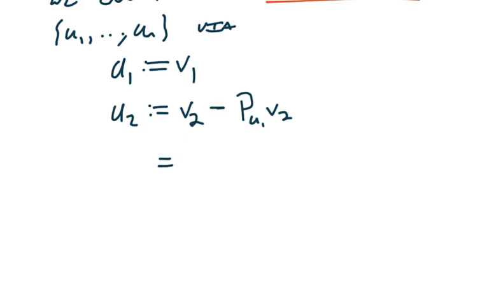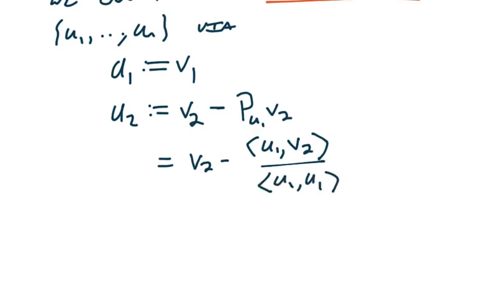Or, if you like, this would be V2 minus, and here's where the first difference between everything I've said before and what I'm going to say now in the context of an inner product space is going to be a little bit different. This is going to be the inner product of U1 and V2 over U1 inner product U1 in the direction of U1. And again, this is identical to everything I've said before. I'm just replacing the dot product notation with the inner product notation.